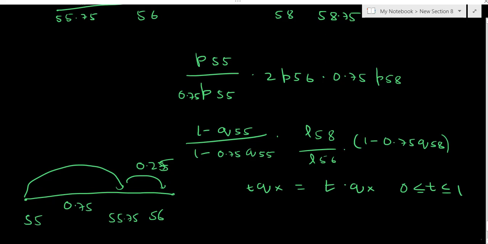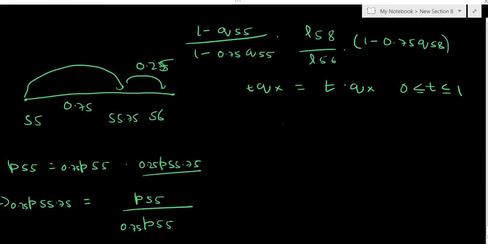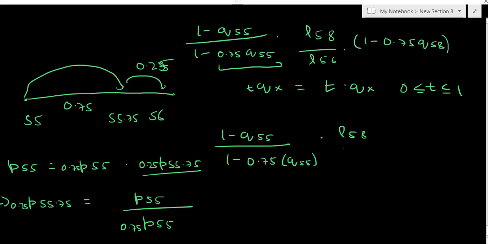Now I need to apply the UDD assumption here. This just becomes 1 minus q55. This becomes 1 minus 0.75 times q55, and the q55 value is given in the tables. This is L58 over L56, and this is 1 minus 0.75 times q58. Pretty straightforward. So this is how you solve it.